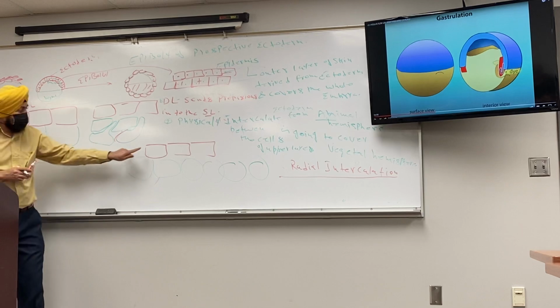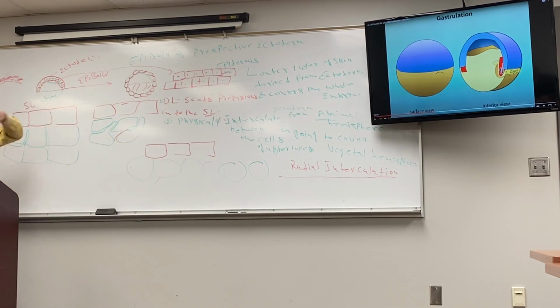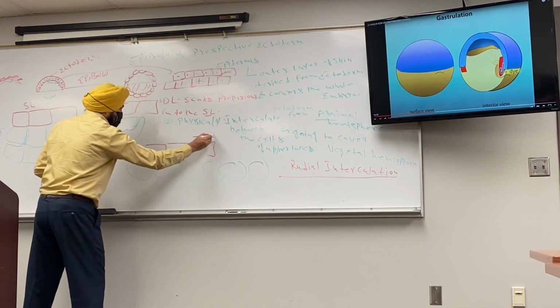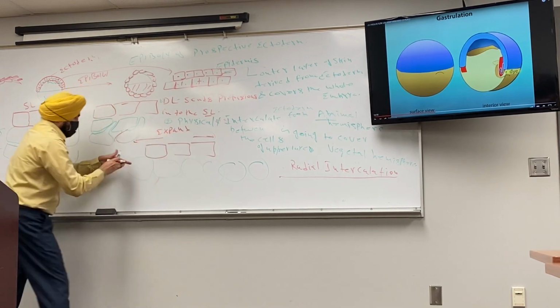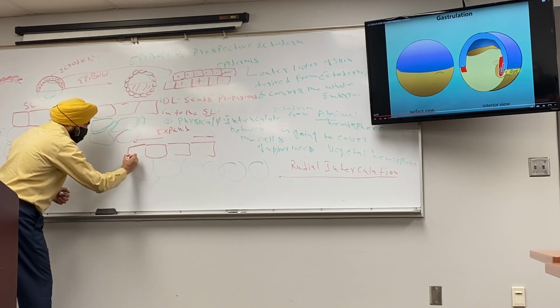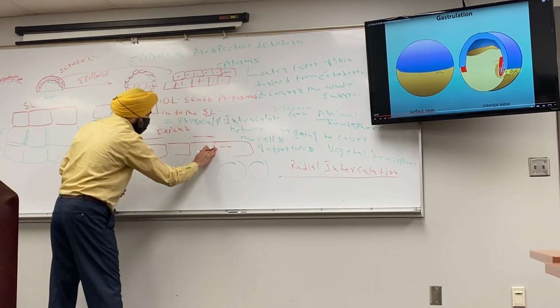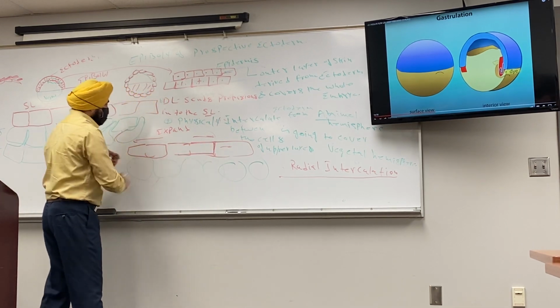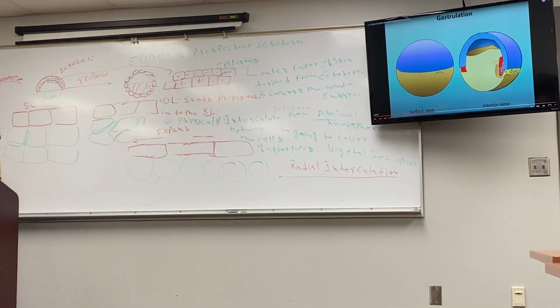Then the cells on the surface layer actually expand. This cell will expand like this, making itself bigger. This cell will also expand, and this cell will also expand. So these cells essentially expand. Making sense?